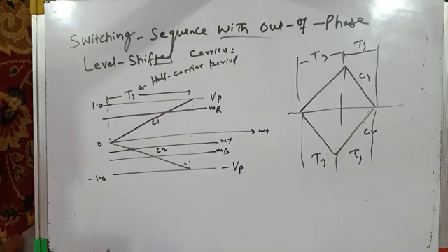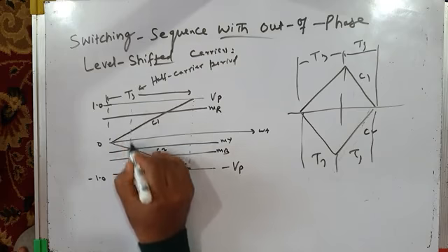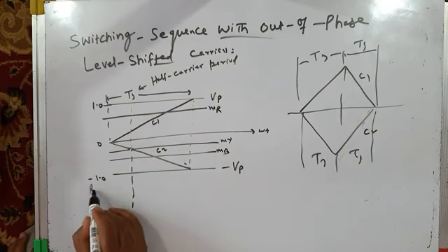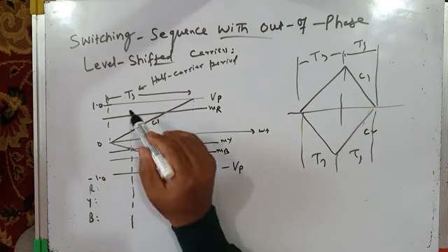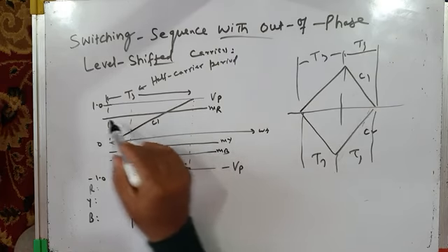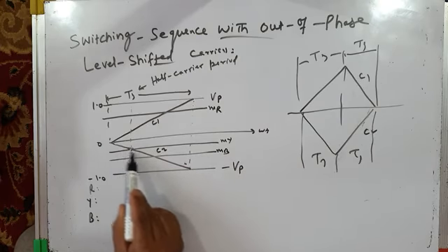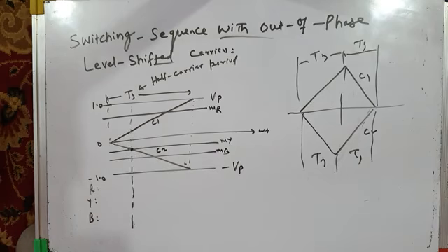Now the first switching will occur somewhere here. Let me write phase R switching, phase Y switching, and B. You have to see the intersection of the carrier wave with the modulating waves. Your modulating wave MY is this, and your carrier C2 intersects MY somewhere here. This is your first switching instant.